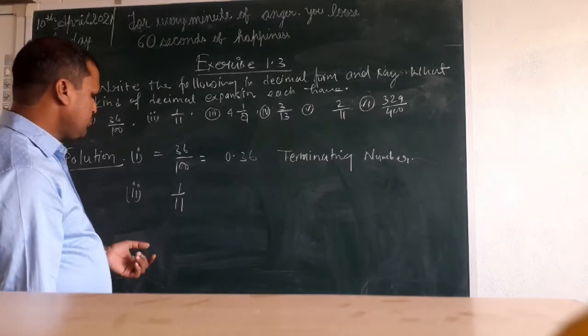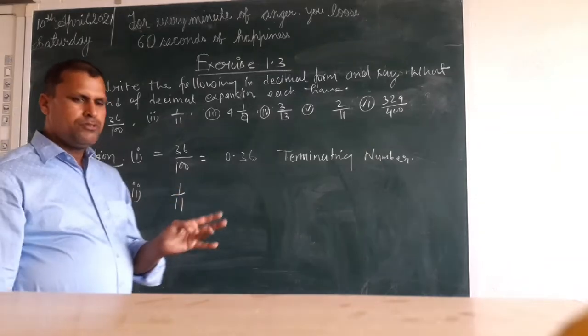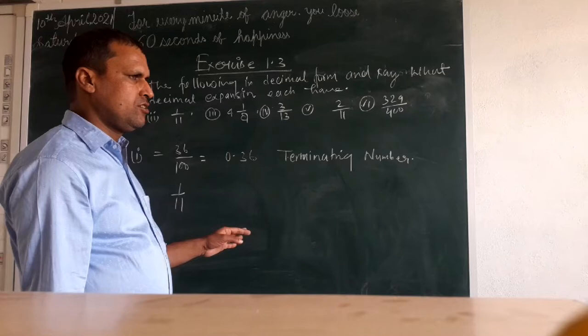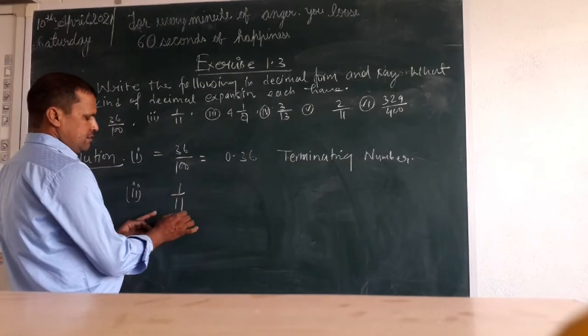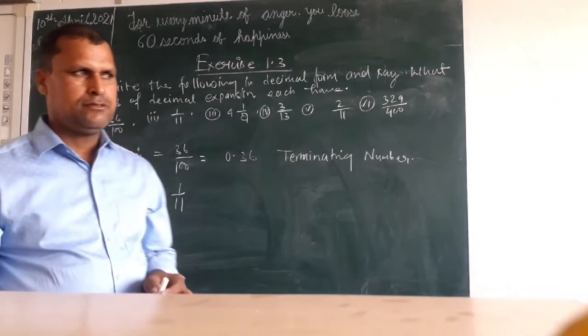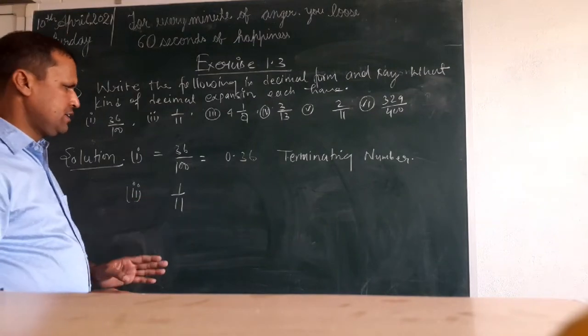And the second method: if the denominator has 2, 5 or both as factors, then it is terminating, otherwise not. Here the denominator is 11, which has no factor of 2 or 5, so it is a non-terminating recurring number.